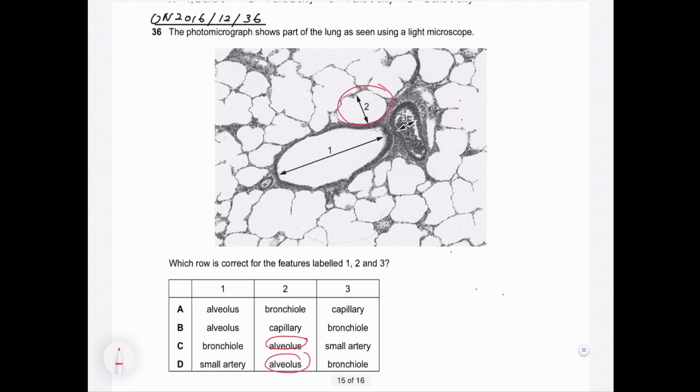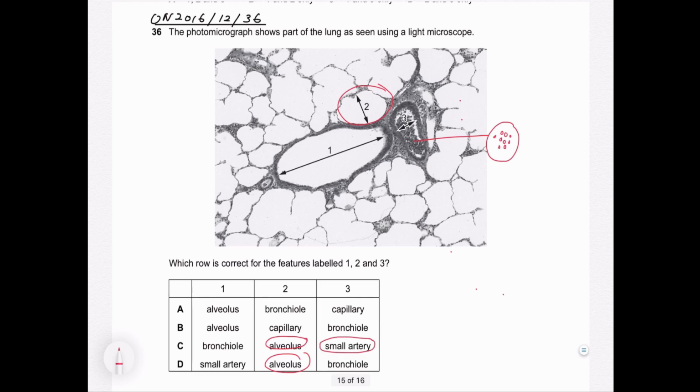Okay, number 3. There's no significant airway, and you can see many small circular structures within this particular structure. It's most likely showing a vessel, and most likely a small artery since it can carry a large volume of red blood cells.